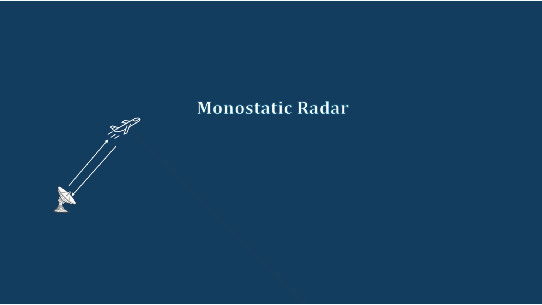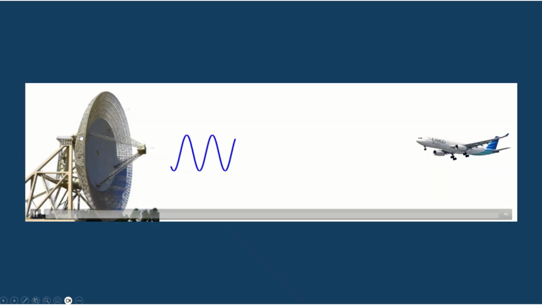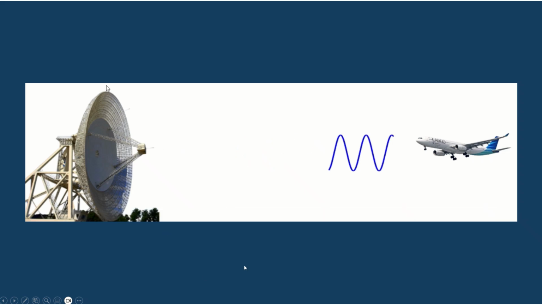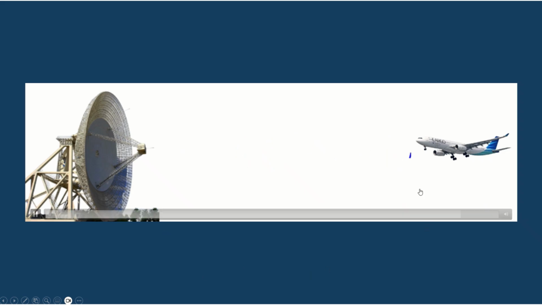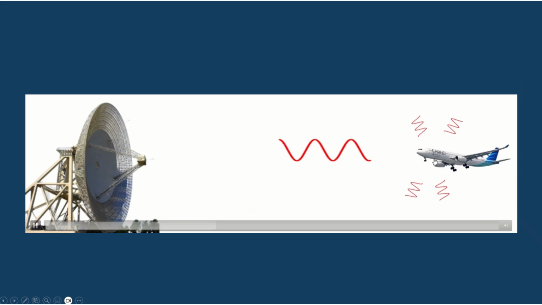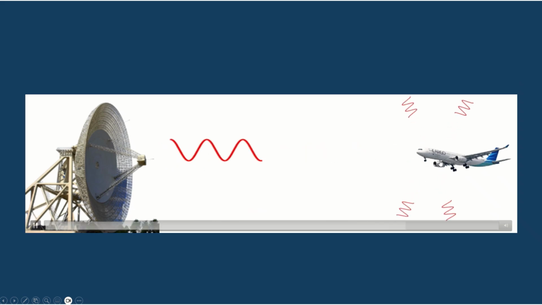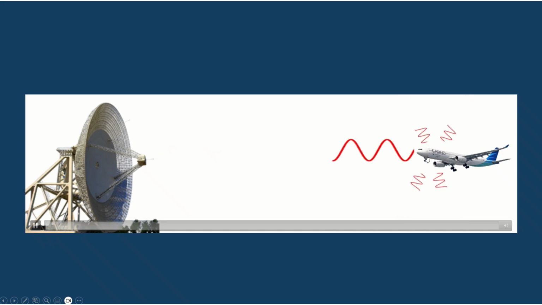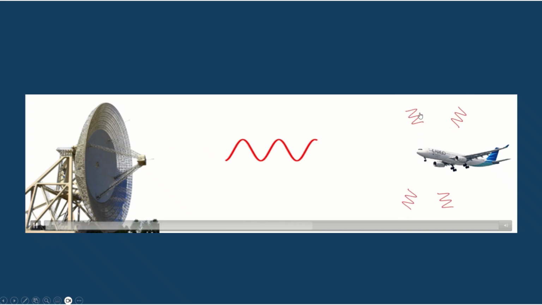So let's see how it works. When we have a radar, it transmits an electromagnetic wave, and when it hits the target, based on the target size, shape and geometry, it reflects and scatters the waves.